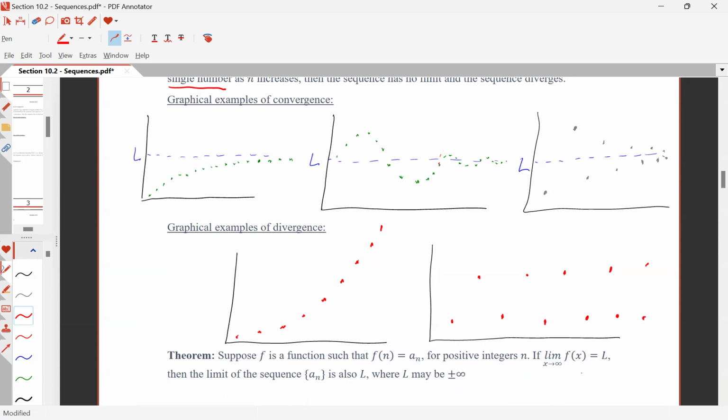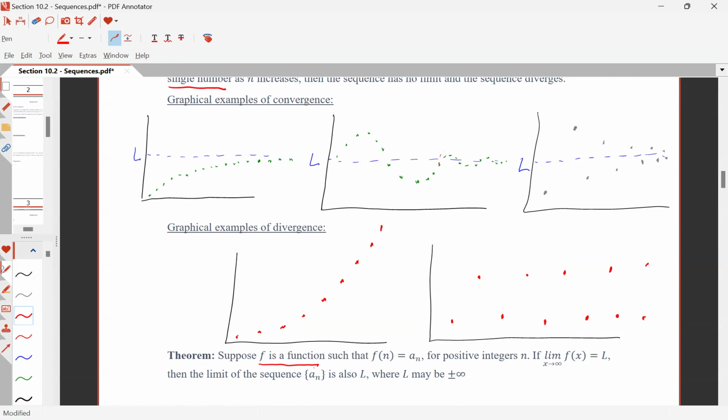So for all the rules you learned back in Calc 1 for taking limits of functions, those still exist for sequences. Or let me back up, if you can take the limit of a function, all those rules you knew for functions, they will apply to sequences. Doesn't necessarily go the other way.